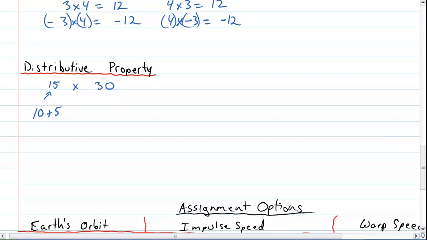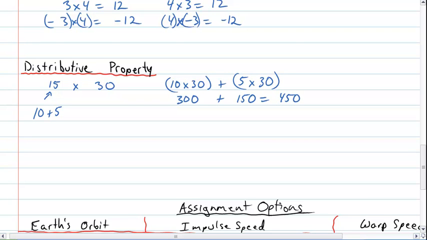So if we distribute that through this multiplication question, we can say 10 times 30 plus 5 times 30, and we can do the math there. 10 times 30 is 300, plus 5 times 30 is 150. So our answer is 450.